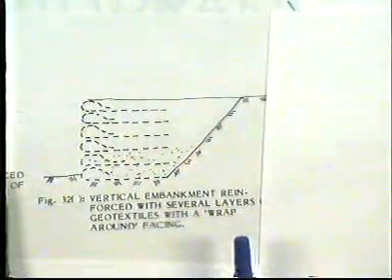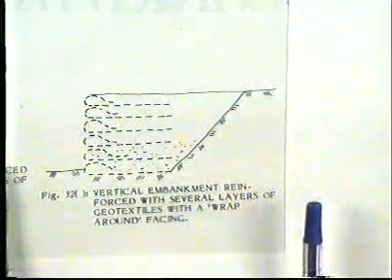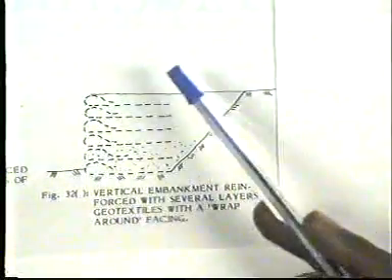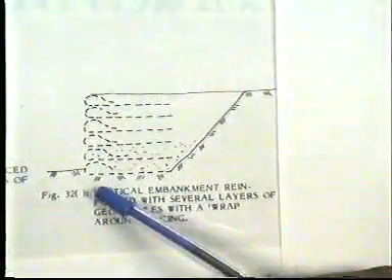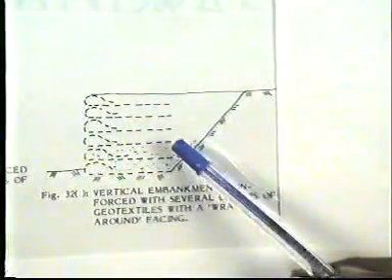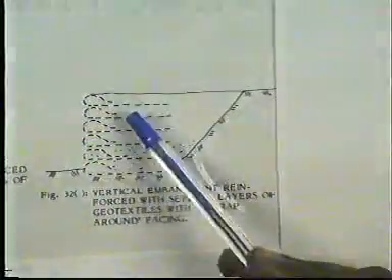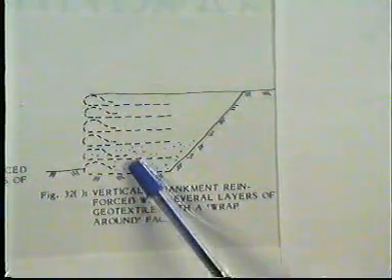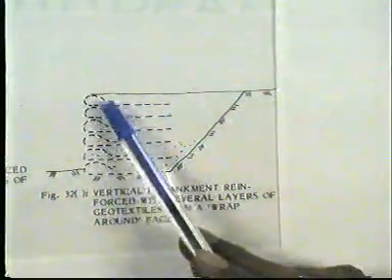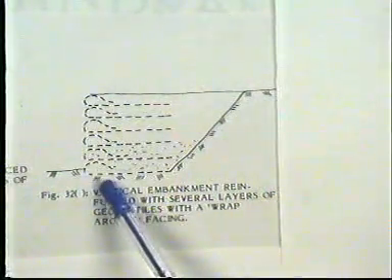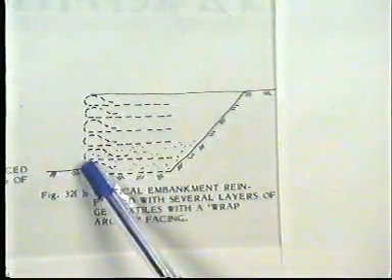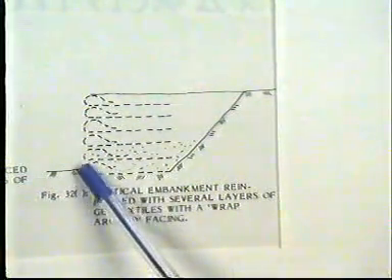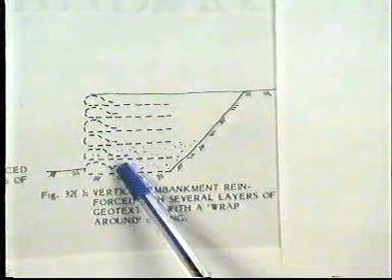In case of the construction of the vertical embankment reinforced with several layers of the geotextile with wrap around the facing, this is a geotextile material, and then soil is compacted and this is wrapped with the geotextile material.